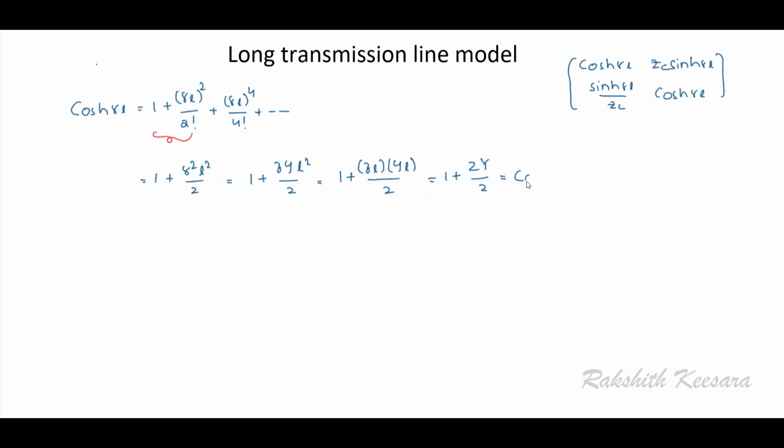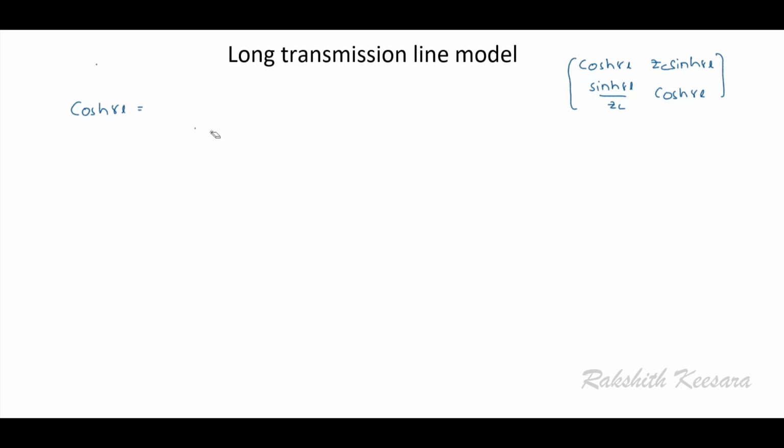This is the value of cosh γl, right? One plus yz by 2. Similarly, let us calculate sinh γl, which is equal to γl plus γl cube by 3 factorial and so on.